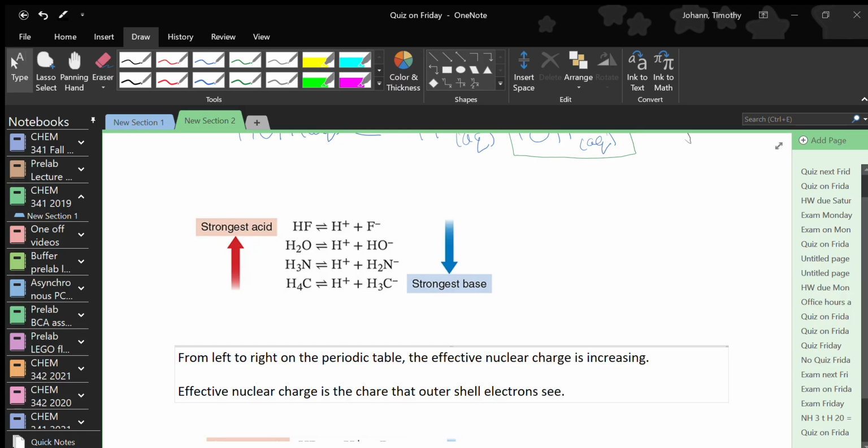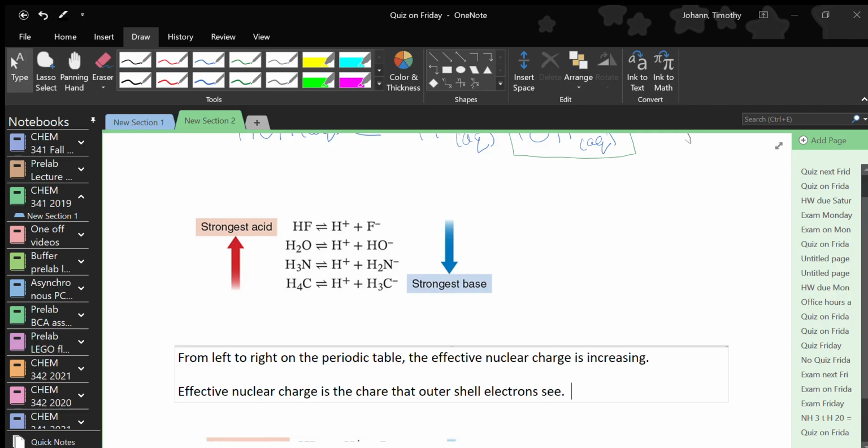What's going on then is, let's think about sulfur actually. Sulfur has how many outer shell electrons? 1, 2, 3, 4, 5, 6 outer shell electrons. The charge on the nucleus is 16, right? 16 protons.